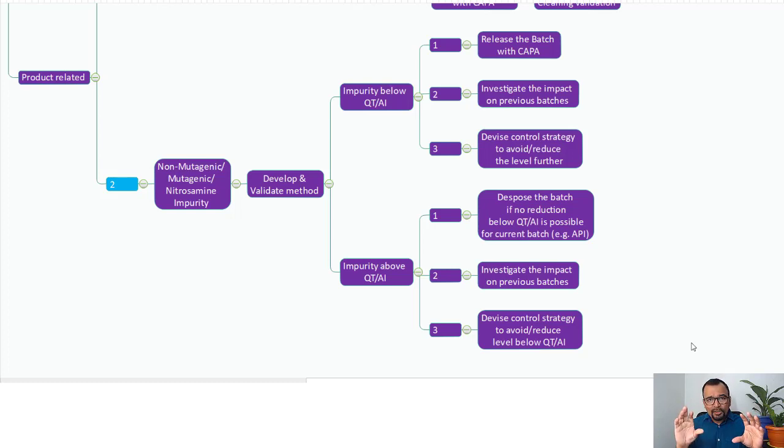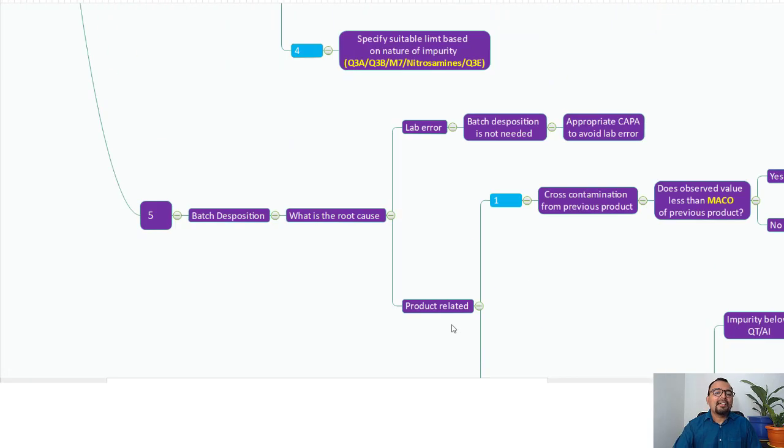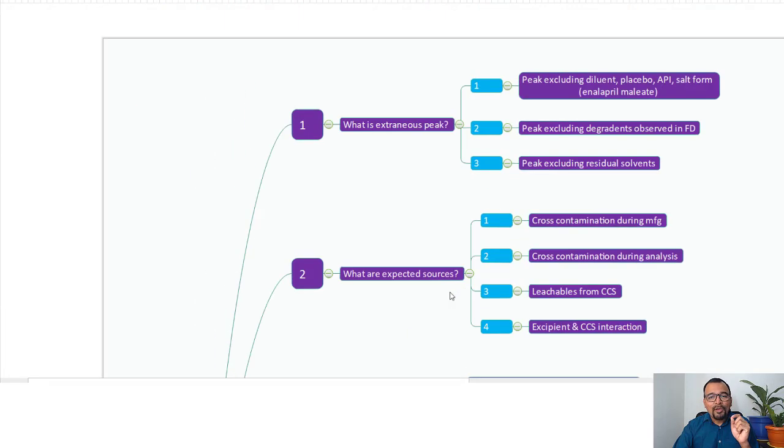It is very important to understand what control strategy I must adopt so that this impurity can be completely avoided, or at least if not completely avoided, can be reduced below the qualification threshold. So these are the very important steps one has to follow in case the impurity is because of the drug product.